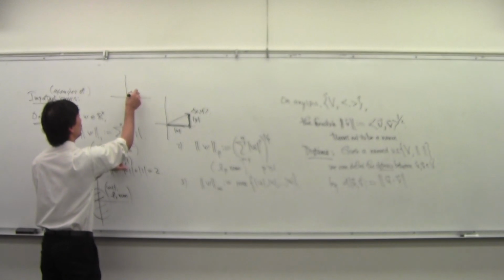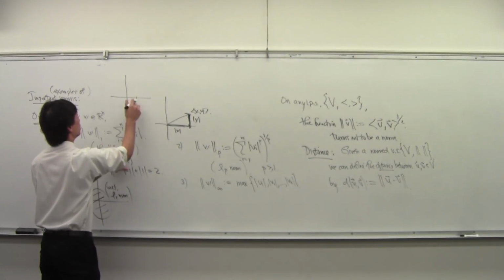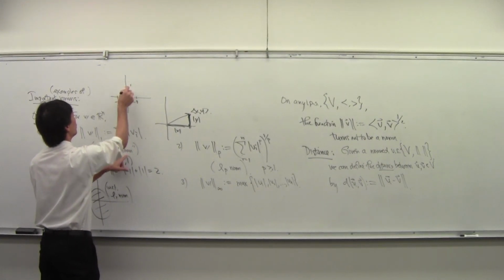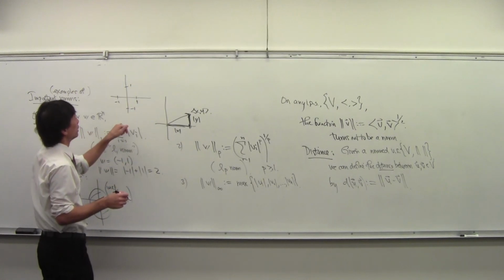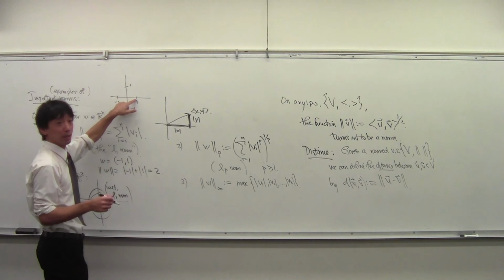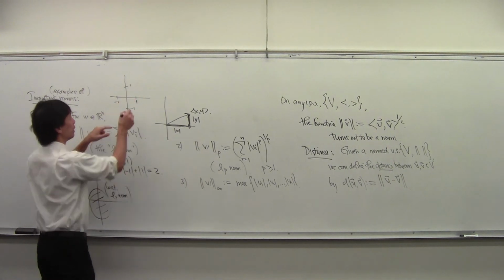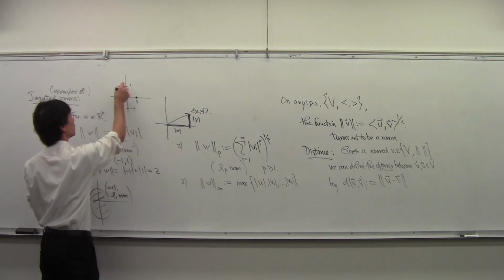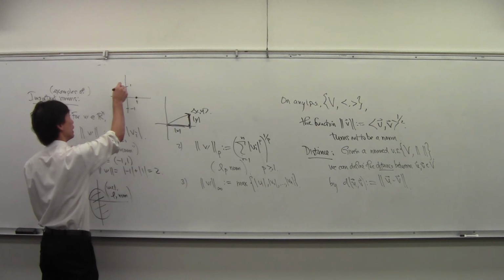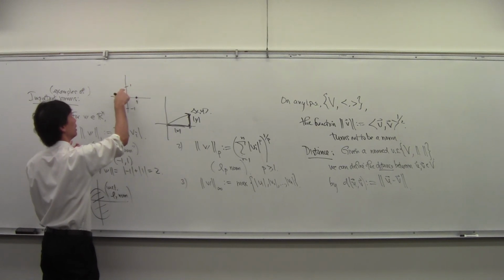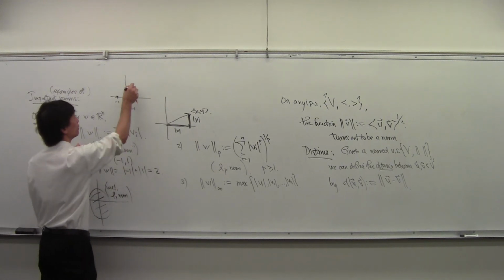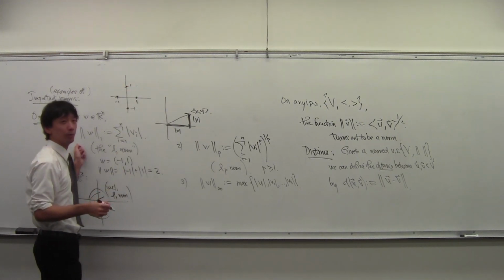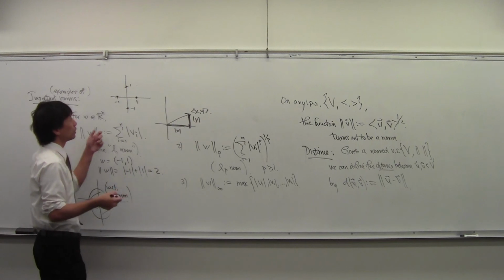Is, for example, so here's 1, negative 1, 1, negative 1. Is this point in the unit disk? Sure, right? Because the sum of the absolute values of its entries is less than 1. All these guys are in, right? What about this guy over here? 1, 1. No, right?